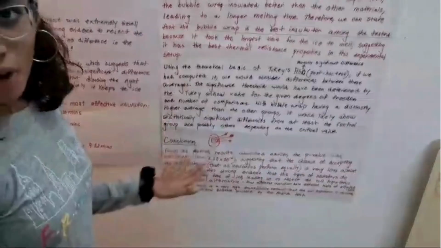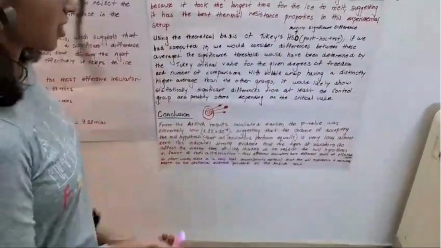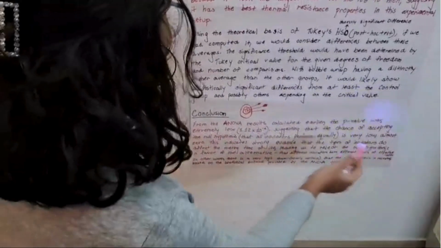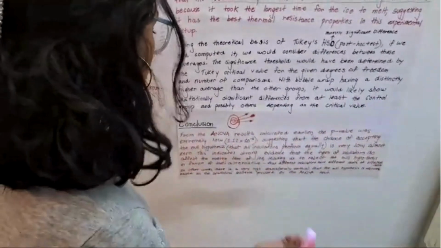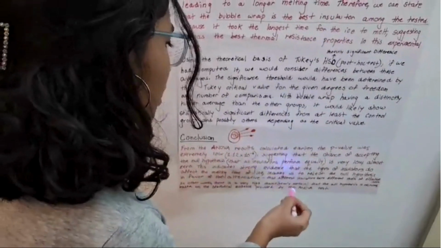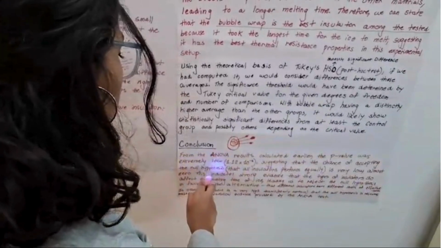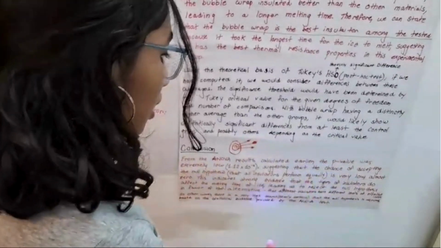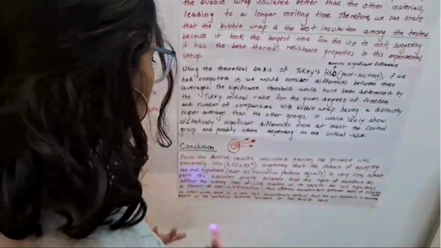So based on all this data, what is my conclusion? From the ANOVA results calculated earlier, the p-value was extremely low, as mentioned, 1.12 × 10^-6, suggesting that the chance of accepting the null hypothesis, which stated that all insulators perform equally, is very, very low, almost zero.